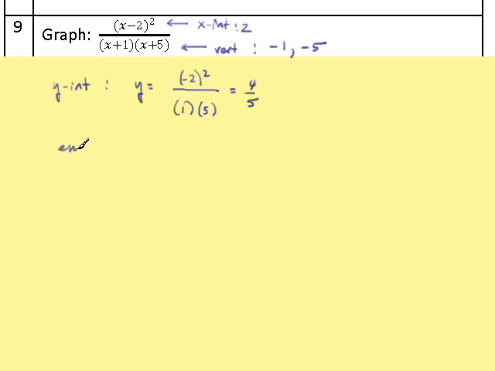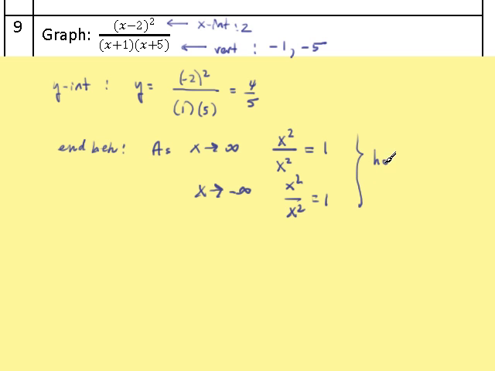And now the end behavior. As x goes to infinity, well, what quotient do we have here? This x minus 2 squared has a first term of x squared. Here we have x, and here we have x, so again that's x squared. So the end behavior levels off at y equals 1, and as x goes to minus infinity, it'll be exactly the same.